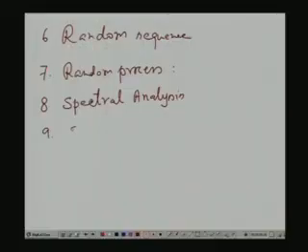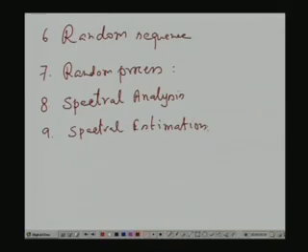I think up till then I will be considering a fairly good amount of material, but still there are two topics I feel I should touch upon as much as possible, if time permits. One is called estimation of the spectrum, that is spectral estimation. Of course, this is subject to the availability of time and how far we go.